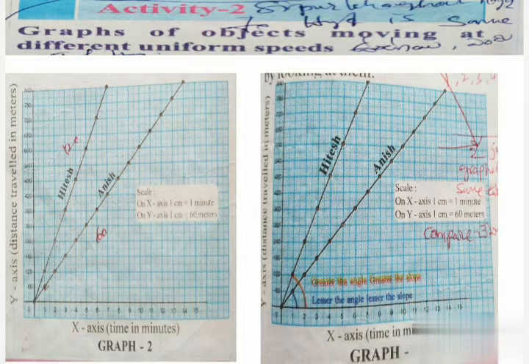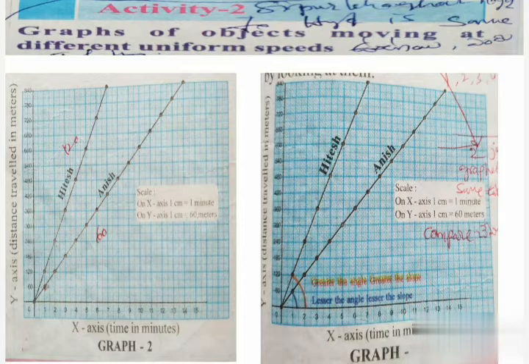So if we observe the Hitesh and Anish graphs, Hitesh makes a greater angle with the x-axis. So Hitesh has greater speed. The faster the speed of a uniform motion, the greater will be the slope of the graph line.